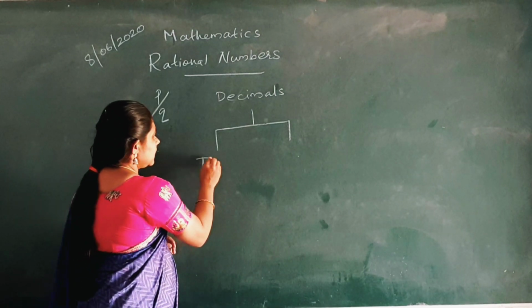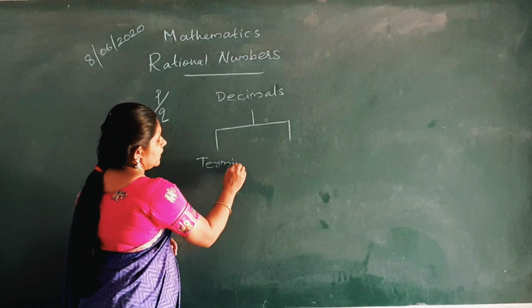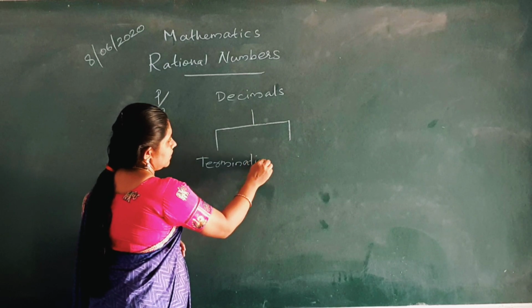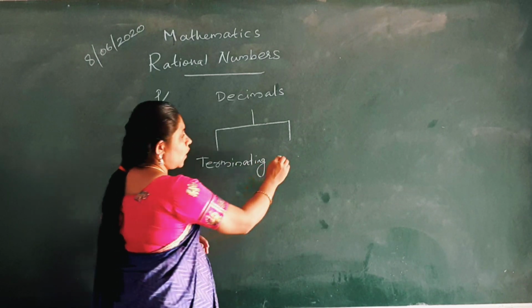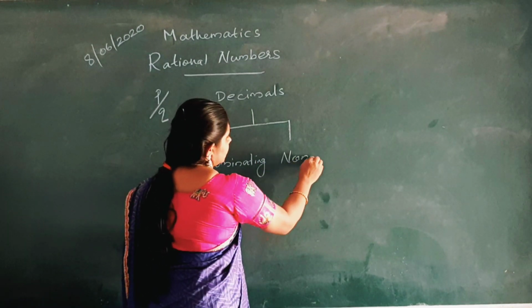One, terminating decimals, and two, non-terminating decimals.